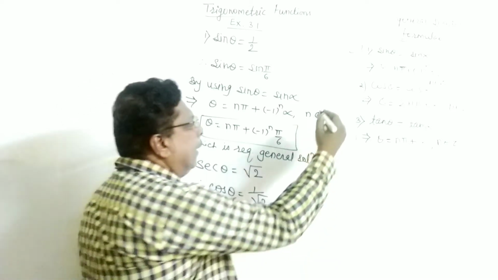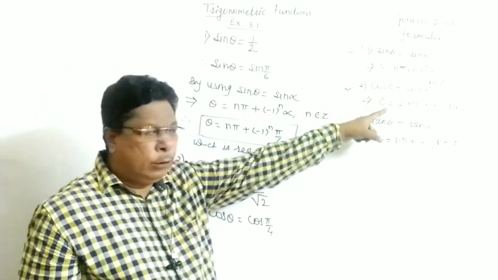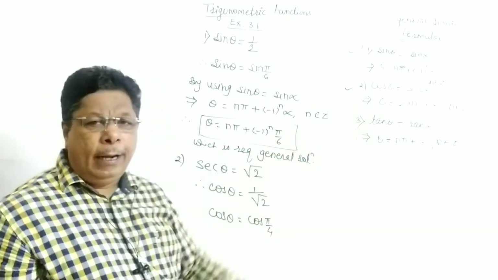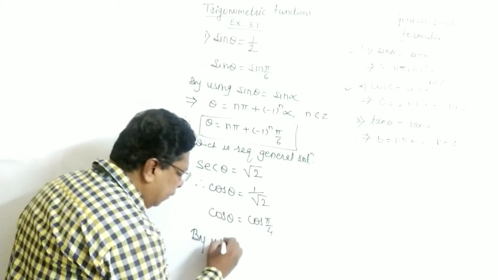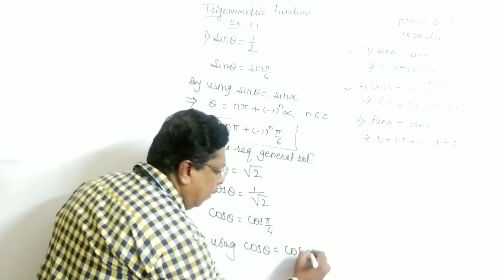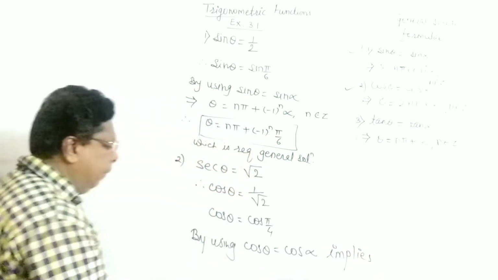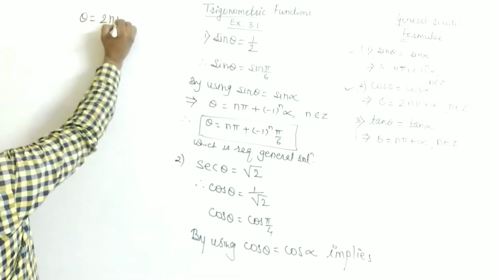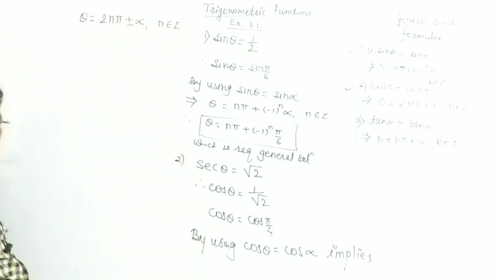And now use the second formula. What is the second formula? Cos theta equal to cos alpha implies theta equal to 2n pi plus minus alpha, and n belongs to Z, n is an integer. So by using cos theta equal to cos alpha implies theta is equal to 2n pi plus minus alpha, and n belongs to Z. Now what is alpha?